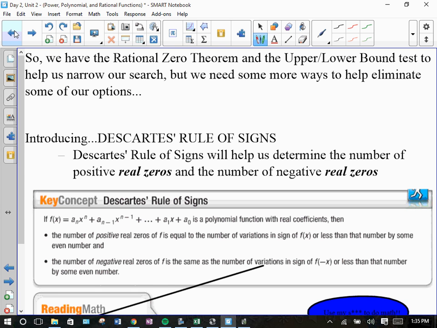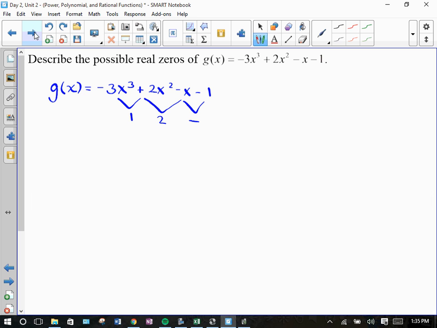It says the number of positive real zeros of f is equal to the number of variations in sign of f of x. I'm going to stop there. There's another part to it. Alright? So, what this is telling me is that there could be two positive real zeros. Alright?